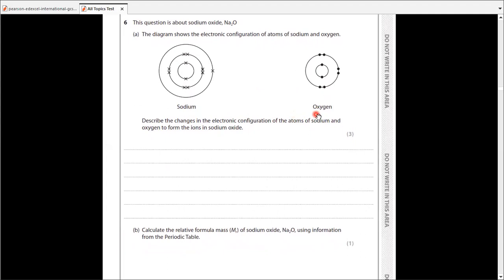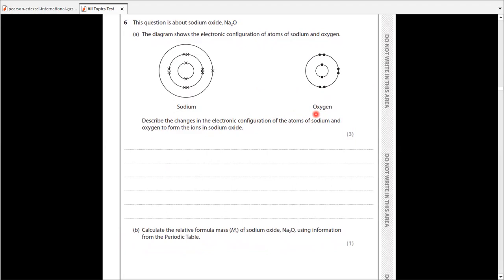So this question is about sodium oxide. The diagram shows the electronic configuration of atoms of sodium and oxygen. Describe the changes in electronic configuration of the atoms of sodium and oxygen to form the ions in sodium oxide.